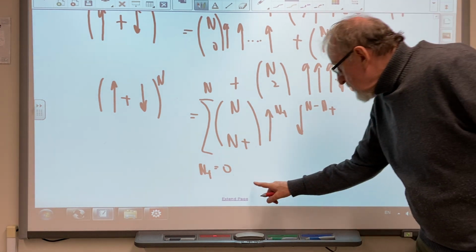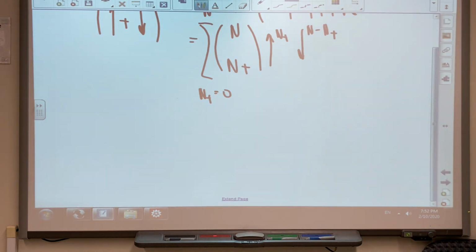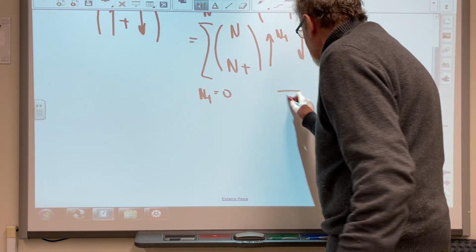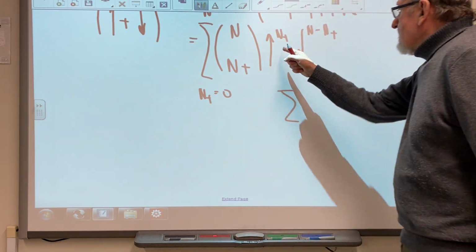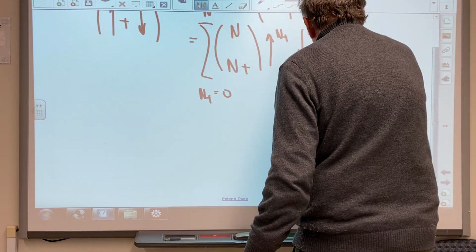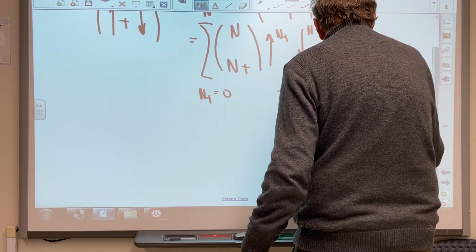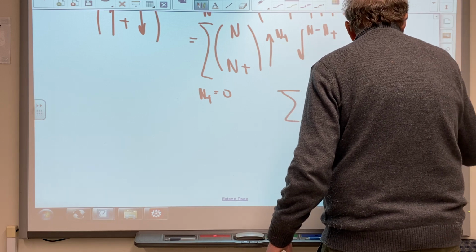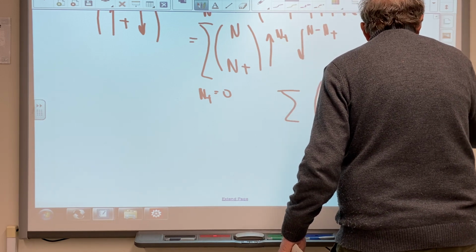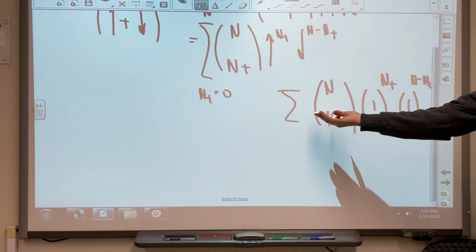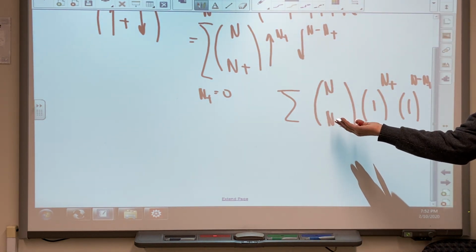If you want to make sure that you have all the states, imagine that these are the number 1. If this is 1 and this is 1, what you are summing is just the combinatorial n plus.